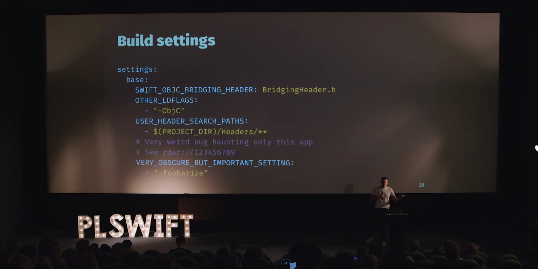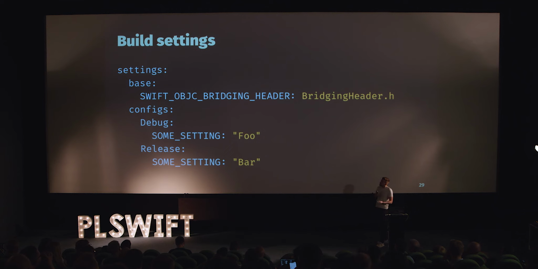You might put it in your README or somewhere else, but the best place for comment is just next to the change. So you can do that in project YML. And of course, you can provide different settings depending on your configuration files. So you can provide values for debug, for release, or any other configuration you might use in your project.